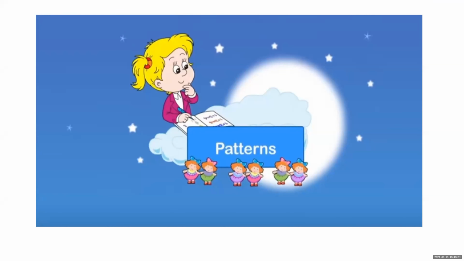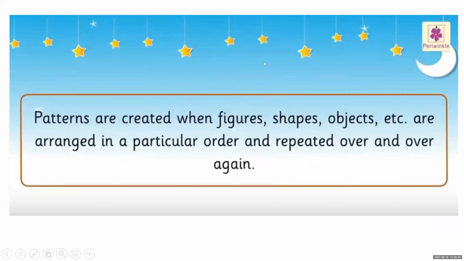Good morning, all. Today I am going to take a seminar about patterns. Do you know what patterns are? Patterns are created when figures, shapes, or objects are arranged in a particular order and repeated over and over again.